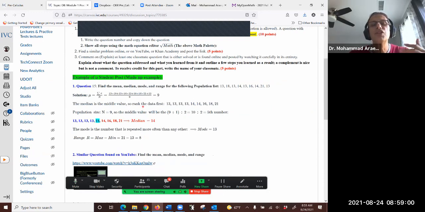Now, here's just a simple example. Find the mean, median, mode, and ranges from a different course. So I put the formula, solution, I go over that, and I explain it step by step as to how I come up with the answer. I don't give a key, I give a solution, and that's the way to get the full 10 points for the first part.